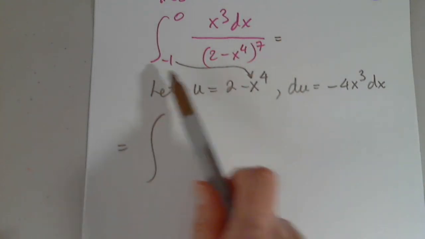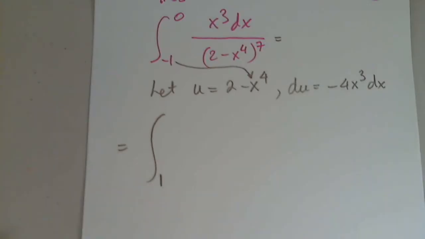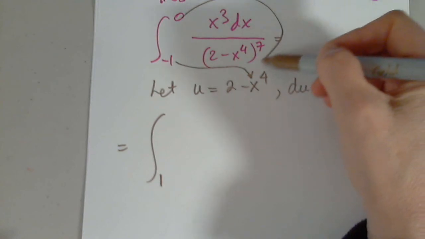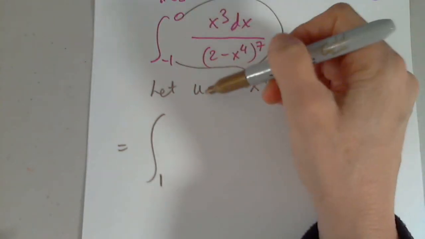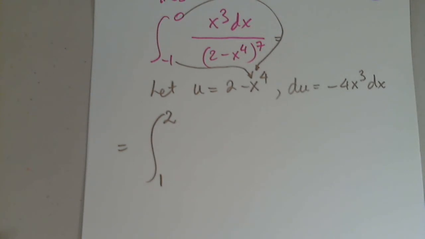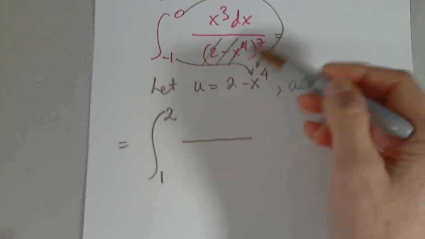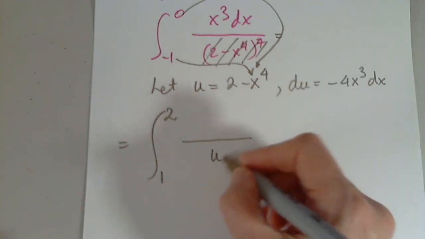So when x is -1, -1 to the 4th is 1, 2 minus 1 is 1. That makes it a lower limit for u. When I plug in 0, then I get the upper limit for u, which will be 2. Next, the denominator is nice. Why? It's u to the 7th.